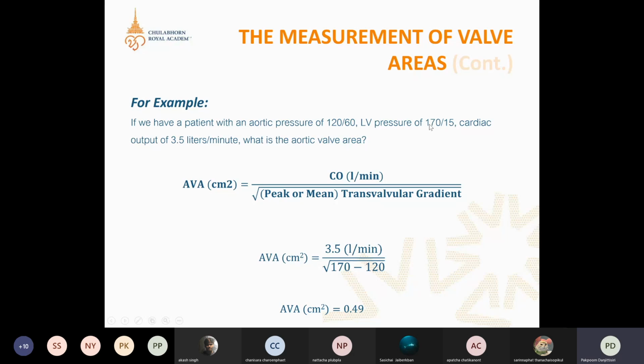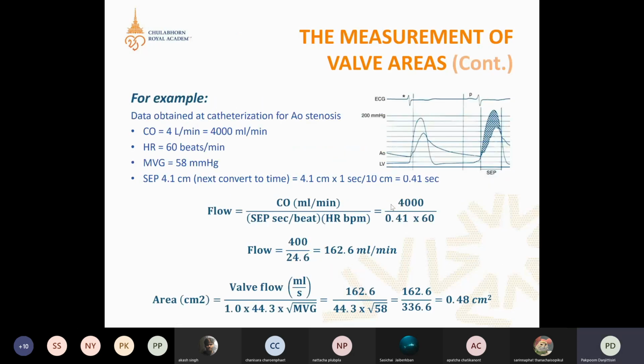So we have to find the difference between the systolic LV pressure and the aortic pressure, 170 minus 120, and then the AVA will equal 0.49 square centimeter. Can you see that? It's very simple, simpler than the Gorlin equation.